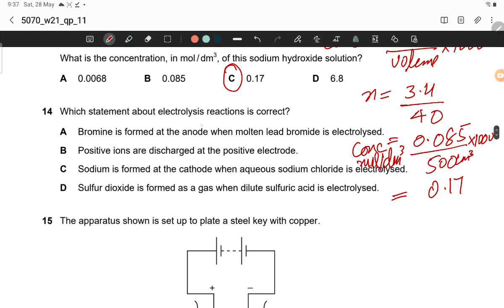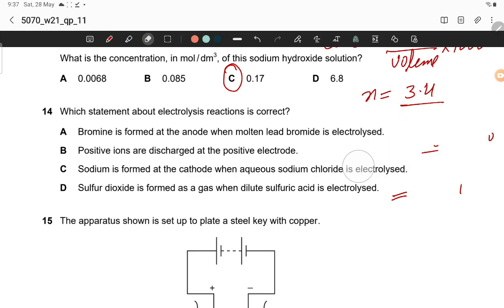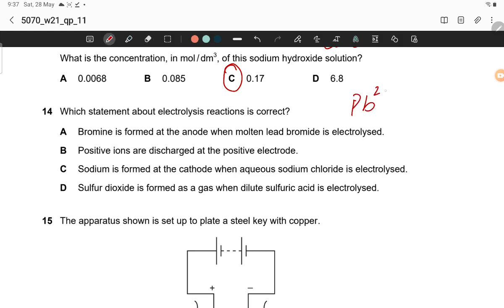Which statement about the electrolysis reaction is correct? Bromine is formed at the anode when molten lead 2 bromide is electrolyzed. Yes, this is correct, because molten lead 2 bromide has 2 ions, Pb 2 positive and 2 Br negative.